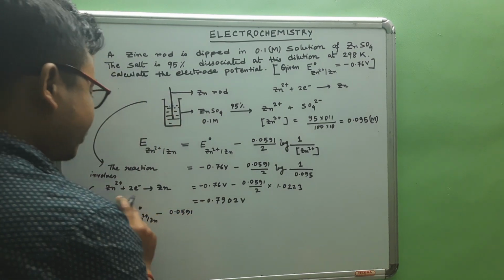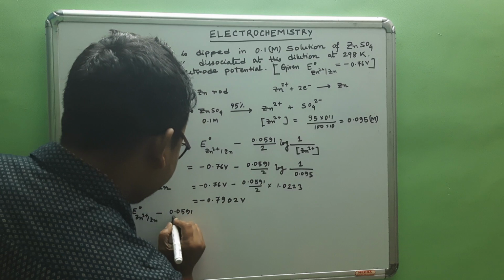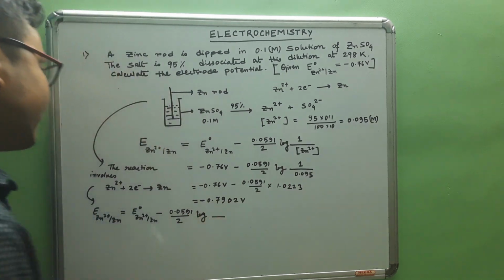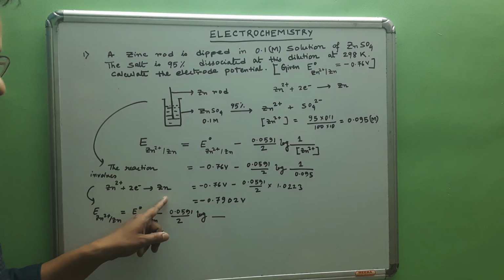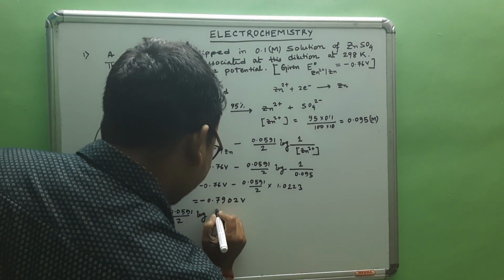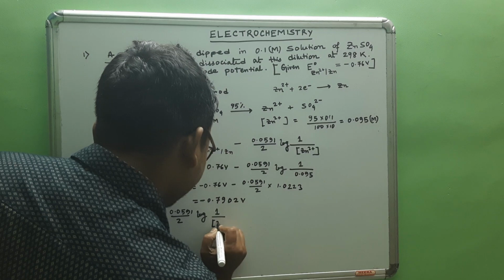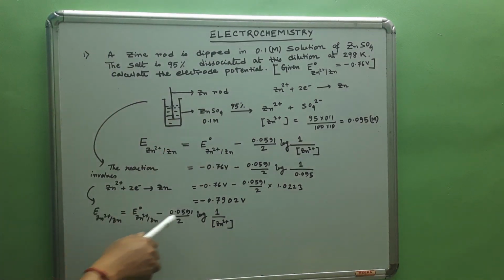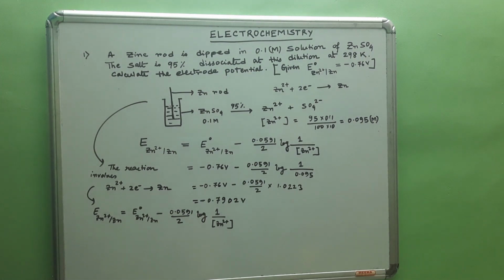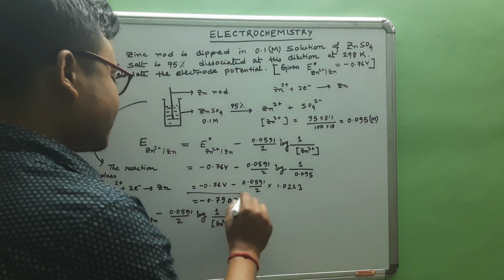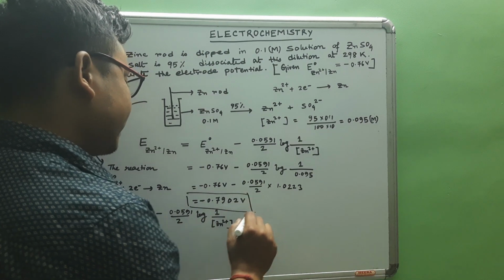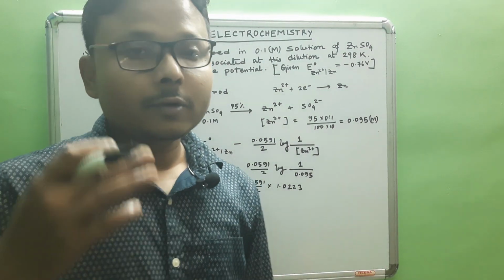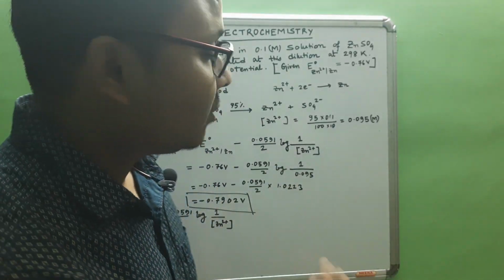Here the electron transfer is 2, therefore n is 2. And the zinc is in solid form, so the numerator is 1 and the denominator has only one reactant, that is Zn2+, the concentration of Zn2+. So the answer is minus 0.7902 volt.